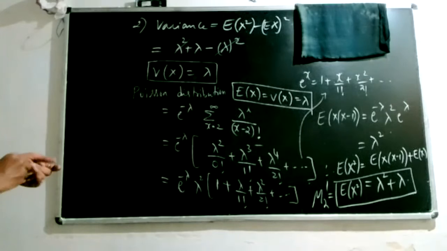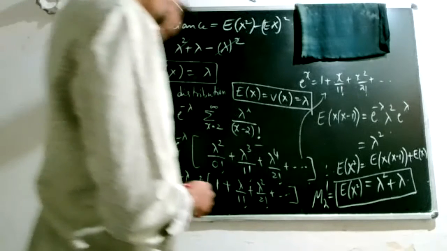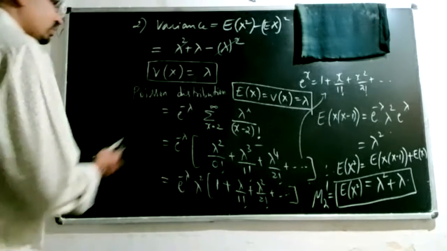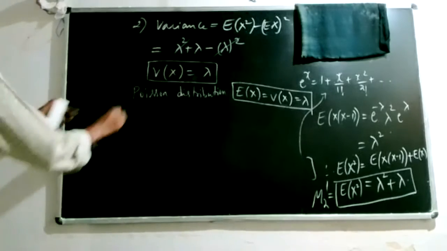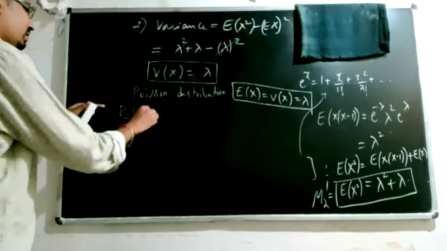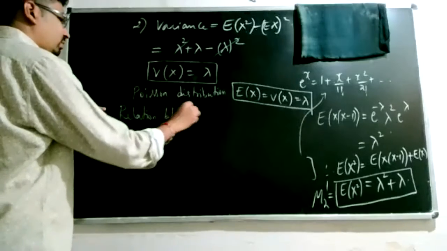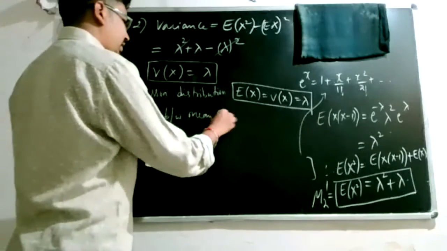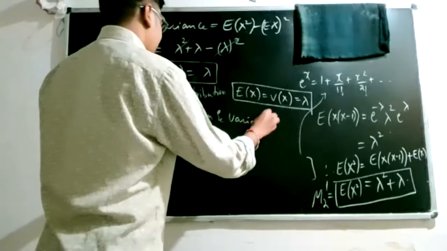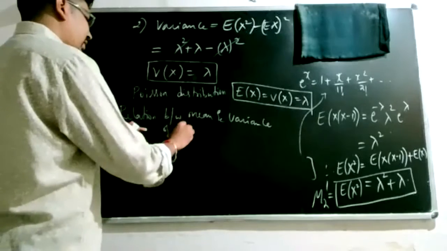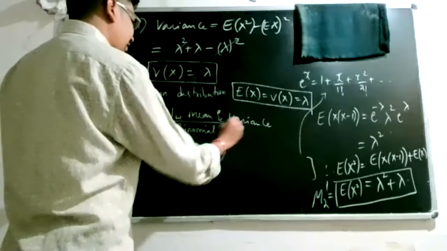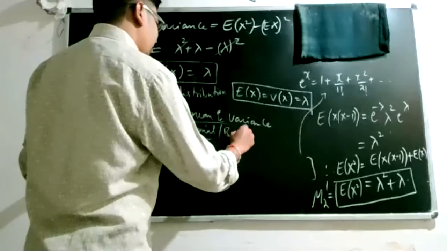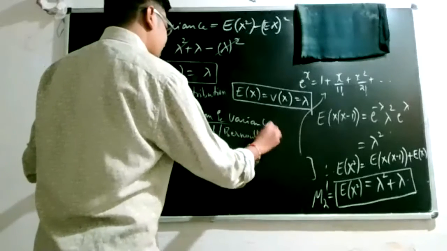Now, if you look into the relation between mean and variance of binomial, that I forgot to tell you. Sorry, mean and variance of binomial. So they have the same features.